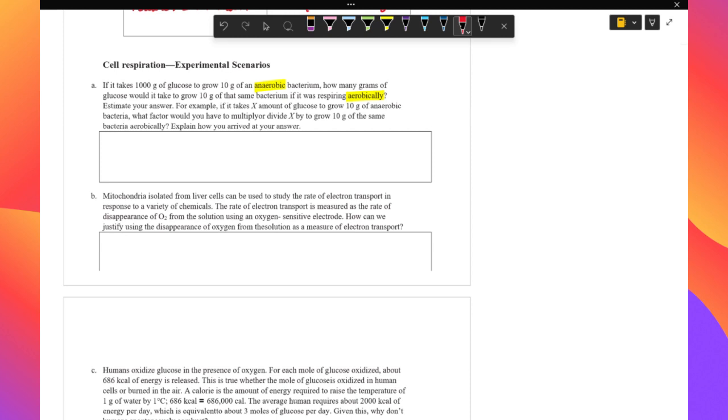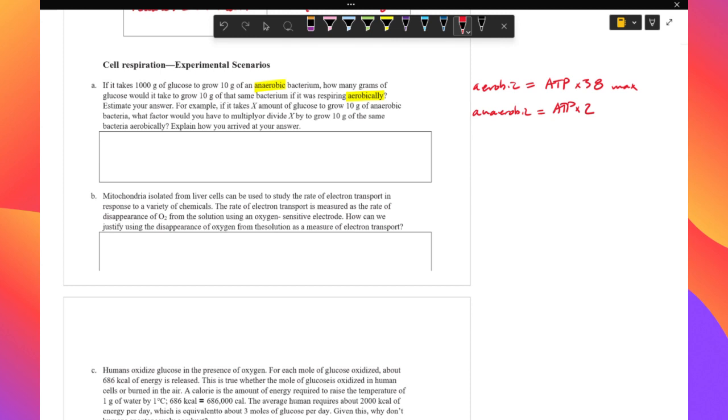Well, recall that aerobic respiration produces a maximum of 38 ATP max. Well, anaerobic, we had fermentation as our example. Anaerobic produces only 2 ATP per glucose molecule.